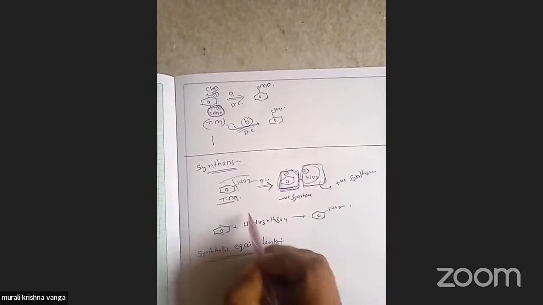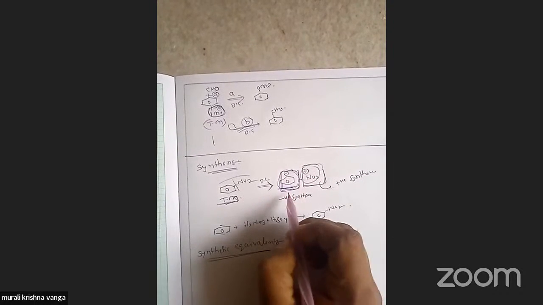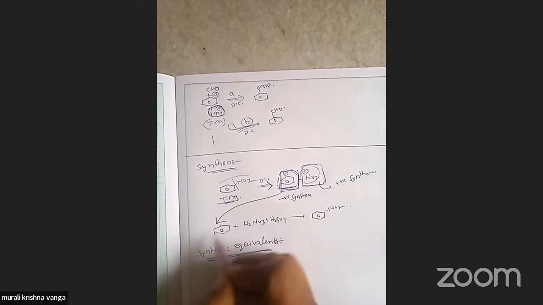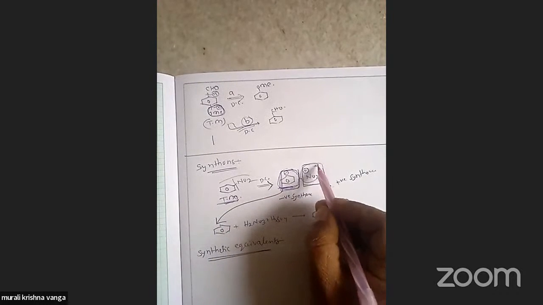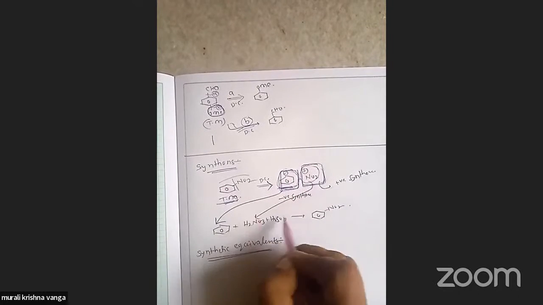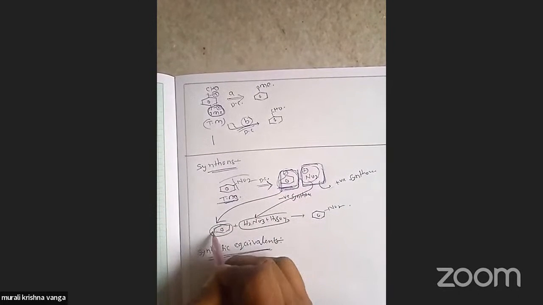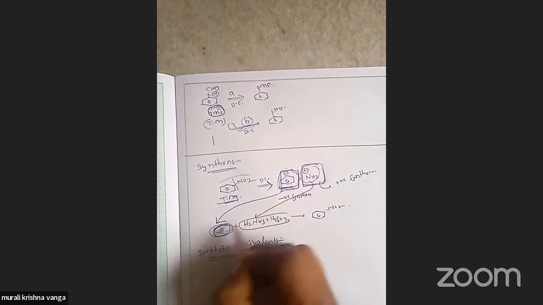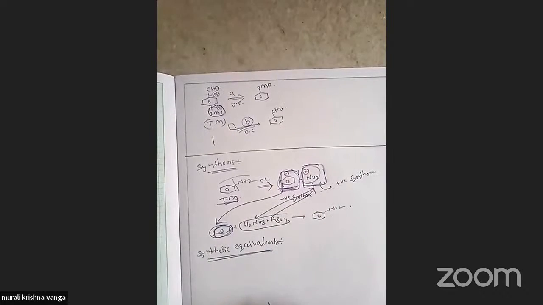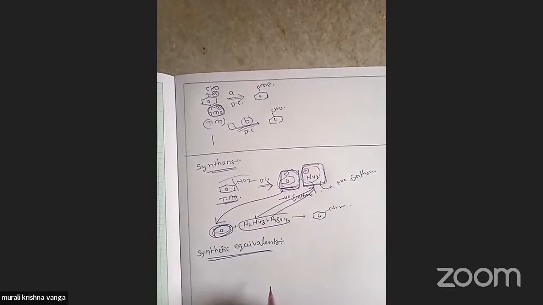For the preparation of this target molecule, instead of the negative synthon, the benzene carbanion, I take benzene, and for the positive synthon, the nitronium ion NO2 plus, I take this mixture. These are the synthetic equivalents for the negative and positive synthons.